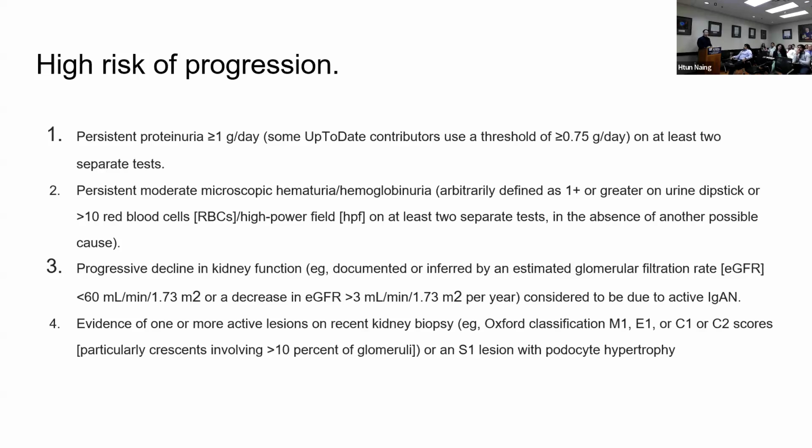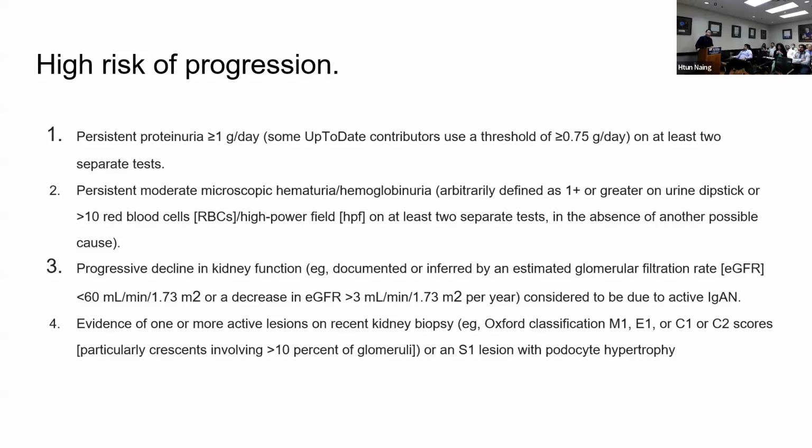So when you look at the patient, what are the high risks of progression? If you have proteinuria of more than 1 gram, or persistent microscopic hematuria on 2 different occasions, by either dipstick or microscopy, more than 10 RBC in 2 separate tests.